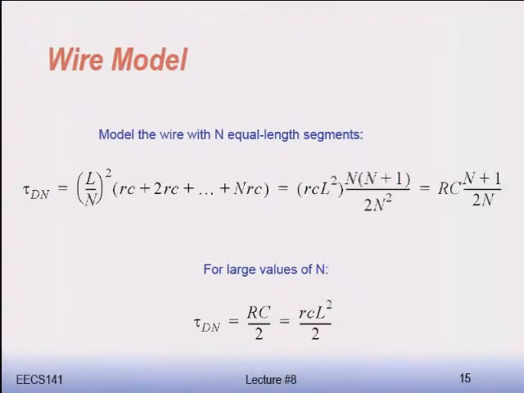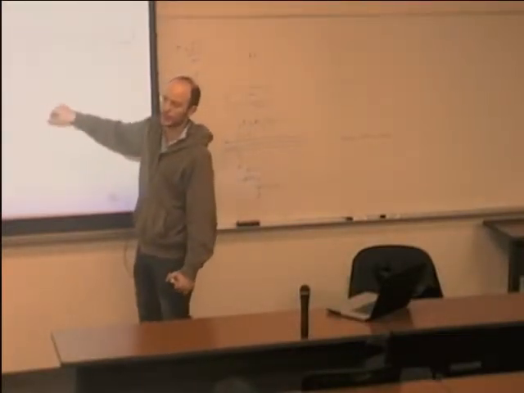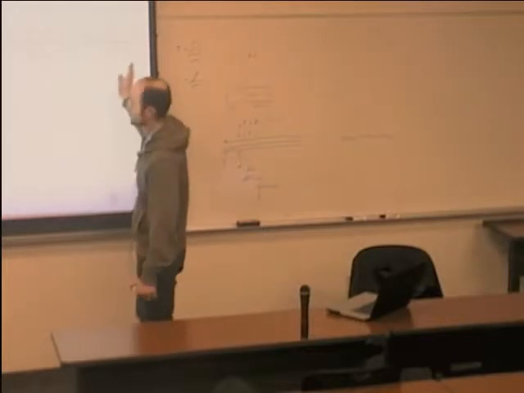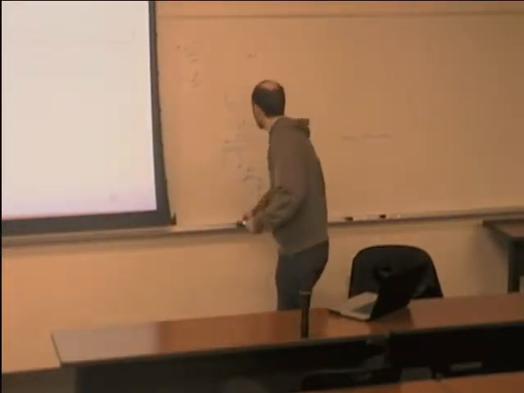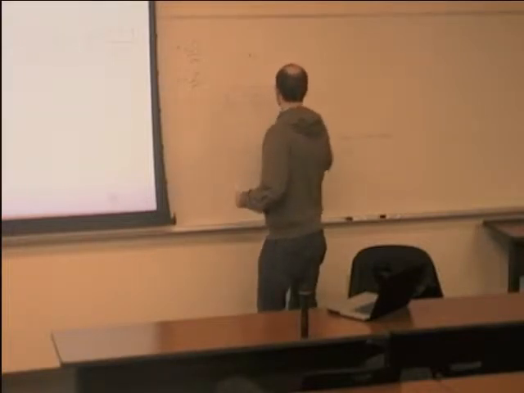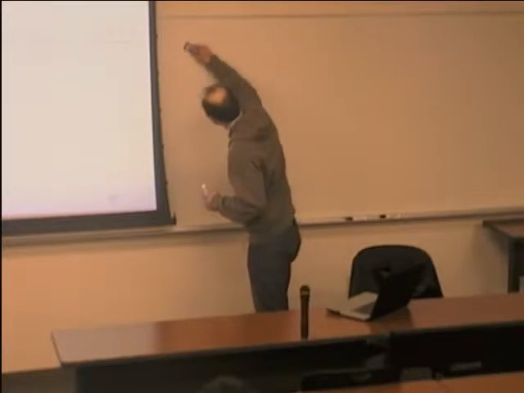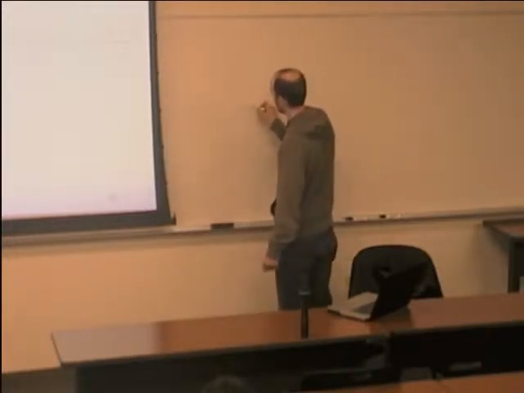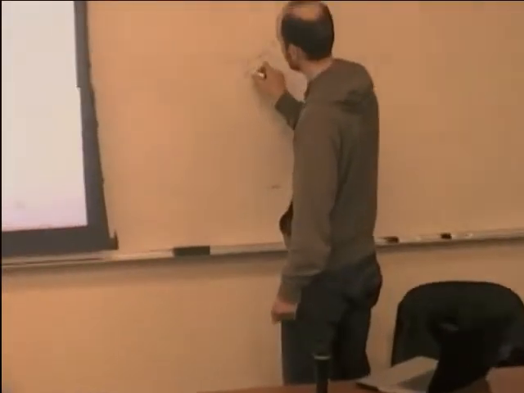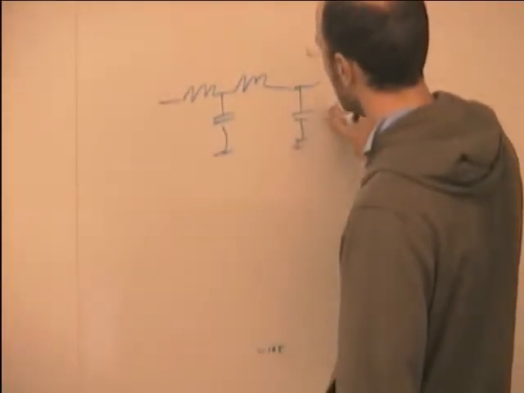So if you model the wire with n segments, each of length L over n, and then you calculate the Elmore delay, then what you get is the following. Let's say I model it with small n, because I'm lazy, I don't like drawing.